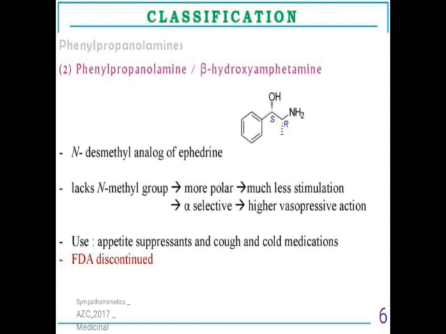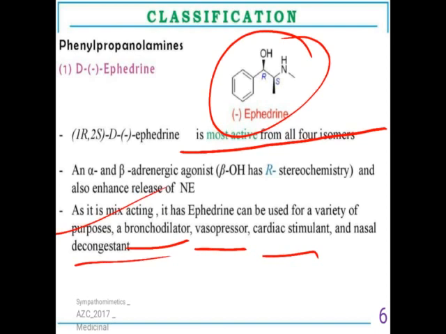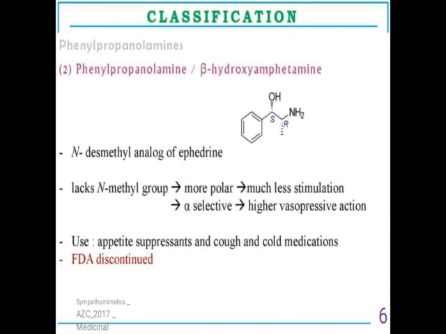So in these methyl analogs of ephedrine, NCH3 is present. When it undergoes metabolism, this CH3 is removed and here we get hydrogen, that is NH2. So this is the methyl analog of ephedrine. It lacks the N-methyl group, so it becomes more polar.